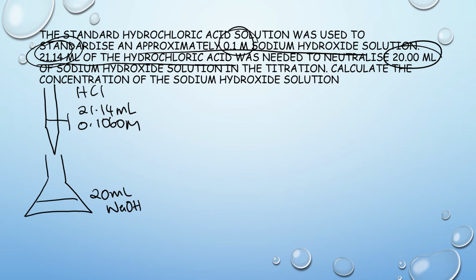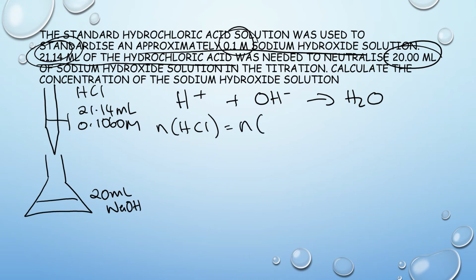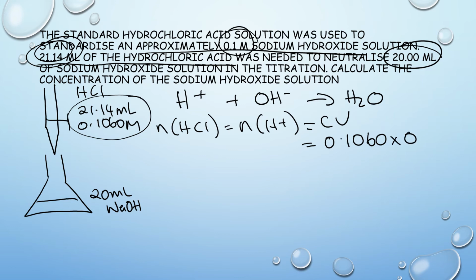So we need an equation. Hydrogen ions plus hydroxide ions gives water. We can do this because we have a strong acid with a strong base. So the number of moles of hydrochloric acid is equal to the number of moles of hydrogen ions, and this is our known because we've got a concentration and a volume, which is equal to 0.1060 times 0.02114, and this comes out to be 2.2408 by 10 to the negative 3 moles.